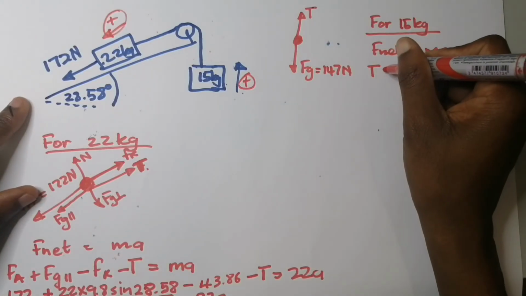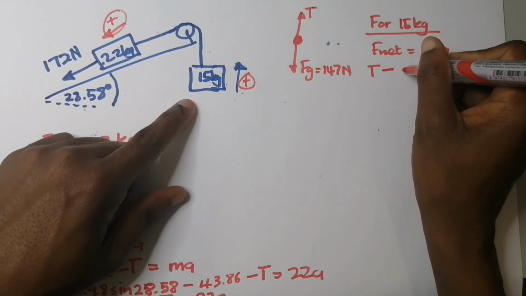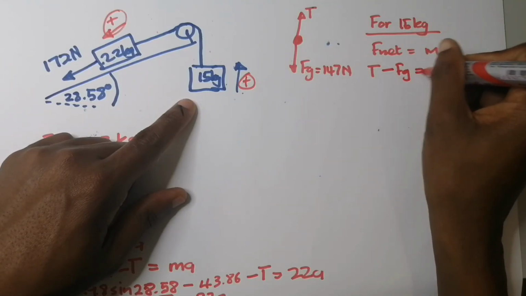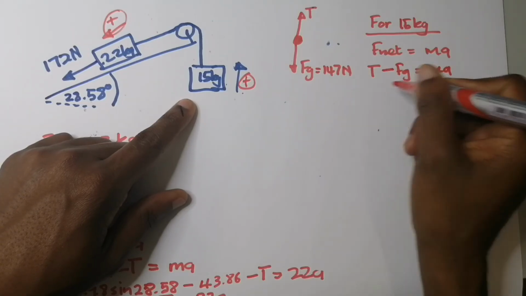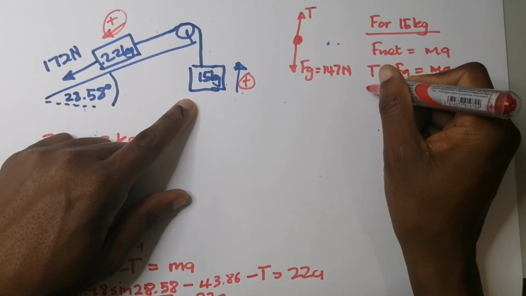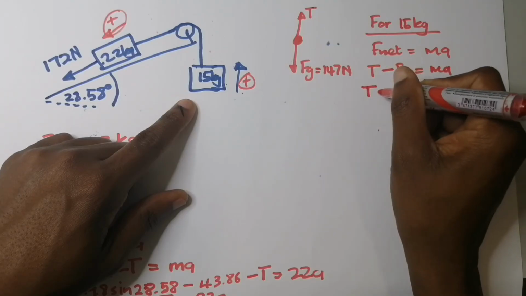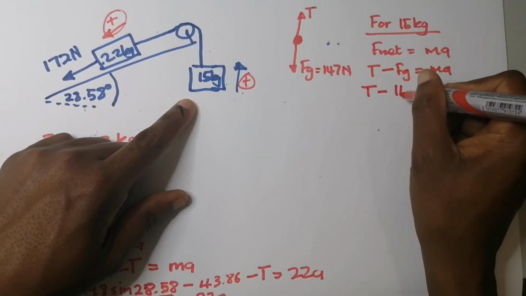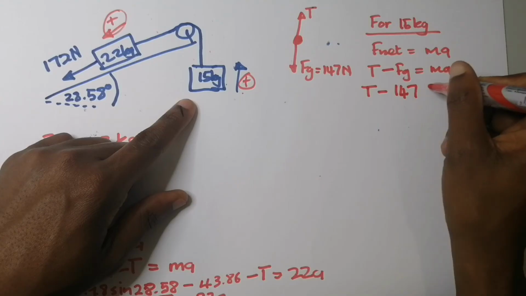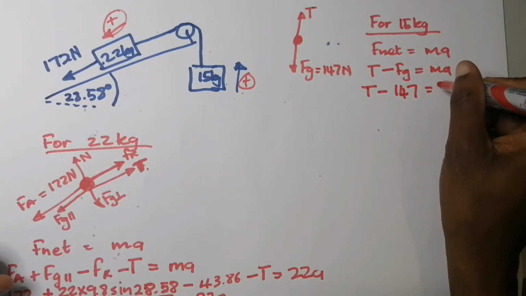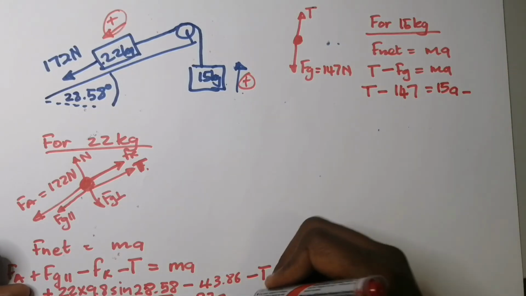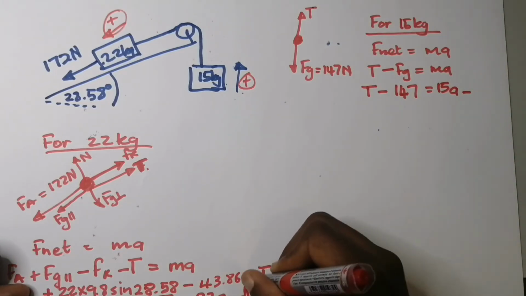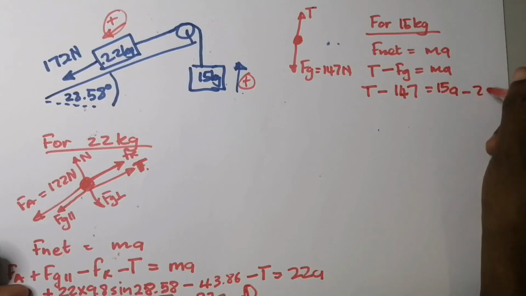So I'll say tension minus my force of gravity is equal to MA. Remember that acceleration remains the same, right? So that's tension, which we don't know, minus gravitational force, which is 147, is equal to the mass, which is 15, times the acceleration we want. And by the way, we could have called this equation 1, and let's call that equation 2.